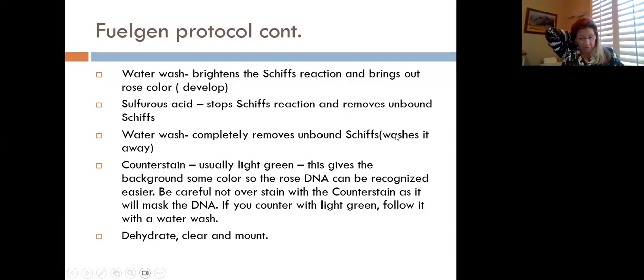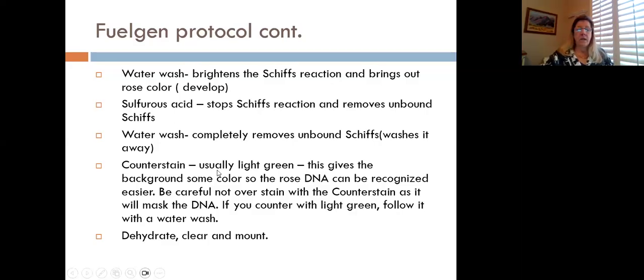Now, here's my opinion on that. It's my opinion that if you initially worked up your stain appropriately in the first place, you would not have to worry about any non-specific staining, making this step irrelevant. Okay, my opinion.